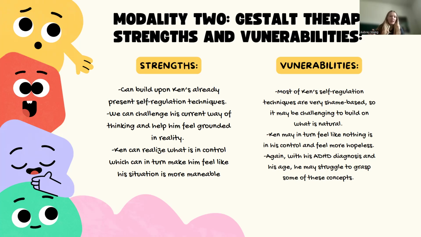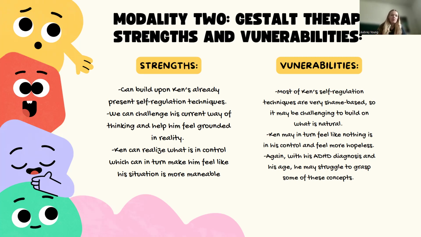That may not be bad at all, and help him build on that to create better self-regulation. We can challenge his current way of thinking about himself and help him feel grounded in reality and that he isn't stupid. Maybe there are just other barriers, or maybe he just doesn't believe in himself, right? Ken can realize what is in his control, which can in turn help him feel like his situation is more manageable.